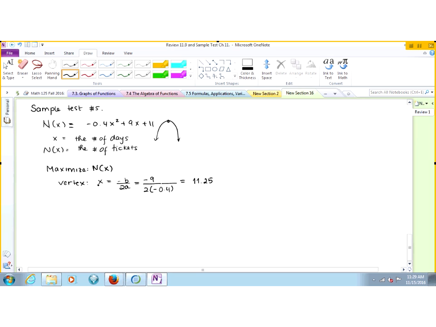So is that the question? When will daily ticket sales peak and how many tickets will be sold that day? So how do I find the number of tickets that day? So Y is equal to N of 11.25. So what would that be? Negative 0.4 times 11.25 squared plus 9 times 11.25 plus 11.